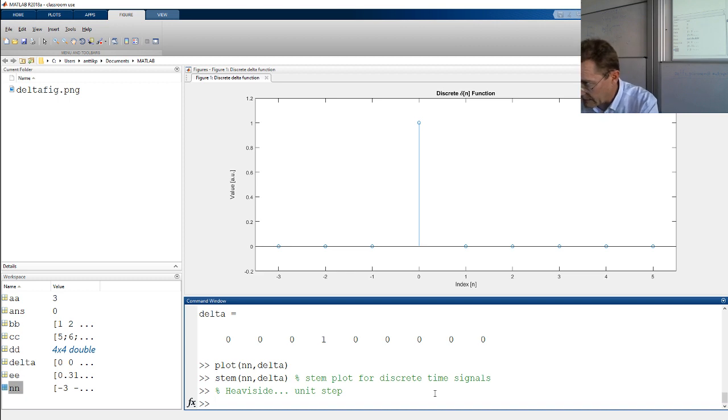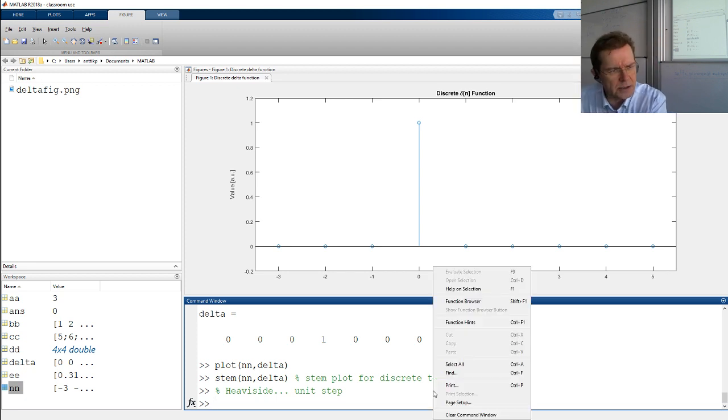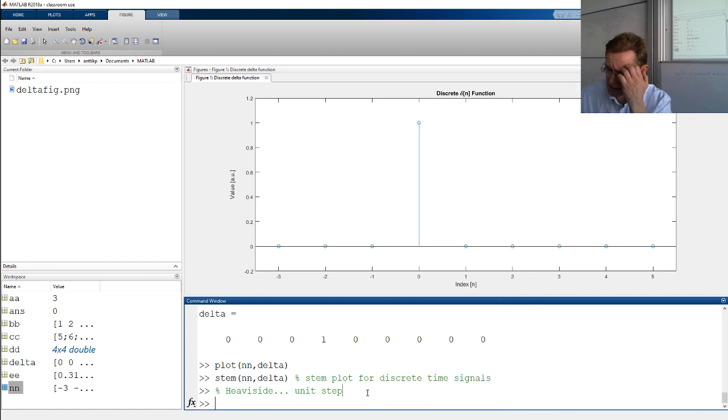Have you used the term Heaviside before? Mathematicians usually like the Heaviside naming. All right, so Heaviside function. I think there is also a Heaviside function in MATLAB, but it's not that hard to make.